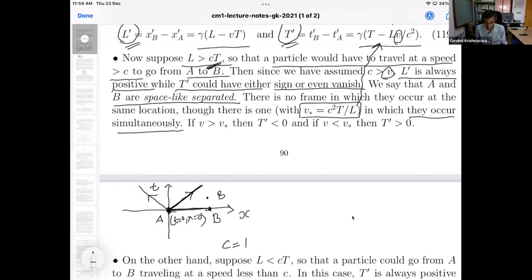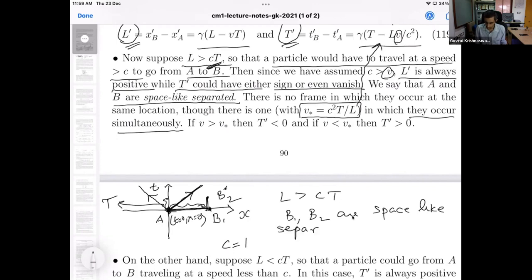Such events are definitely space-like separated, but so is an event here. I'll call these B1 and B2. B2 is also space-like separated because the spatial separation between the two events, L, is more than cT, where capital T is this much. So B1 and B2 are space-like separated from A. So is B3, which is of the same sort.